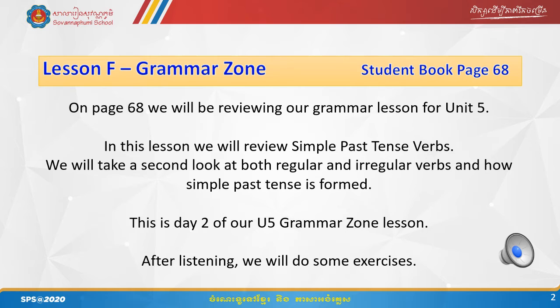In this lesson, we will review simple past tense verbs, and we will take a second look at both regular and irregular verbs and how simple past tense is formed. This is day 2 of our Unit 5 Grammar Zone lesson. After listening, we will do some exercises.